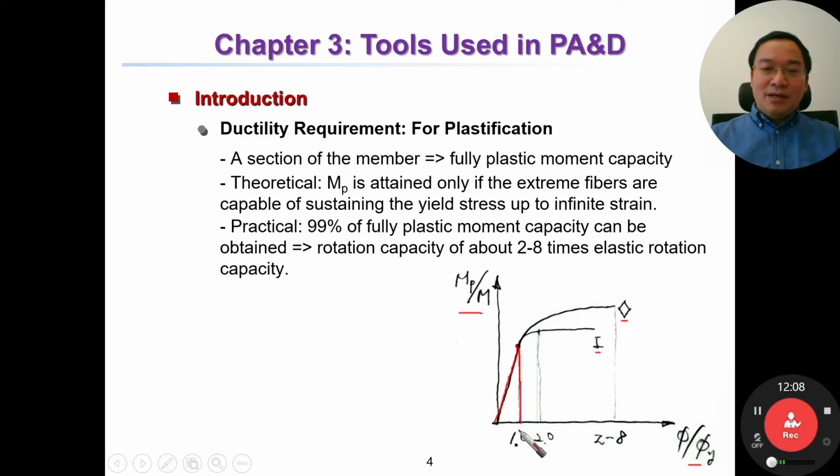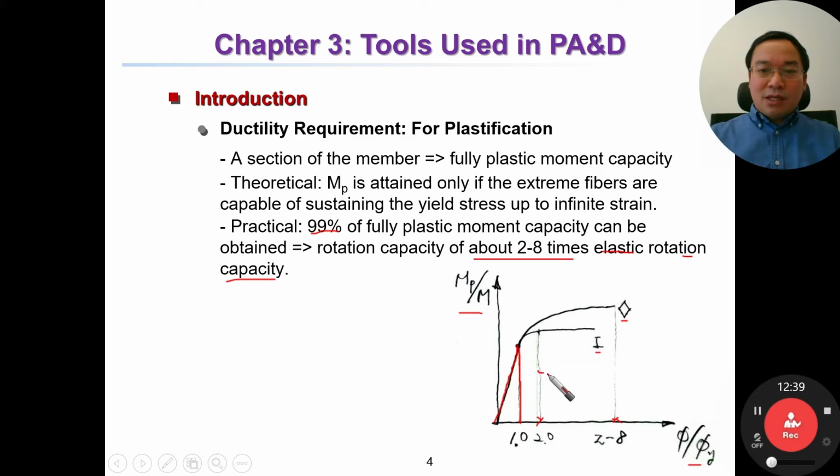In practice, for 99% of the fully plastic moment capacity, the rotation of the section should be about 2 to 8 times, so maybe here 2 to 8 times, or from here to here.